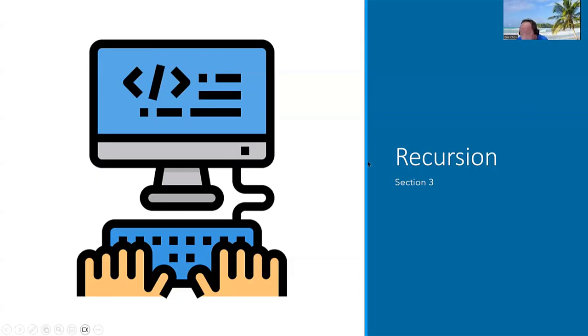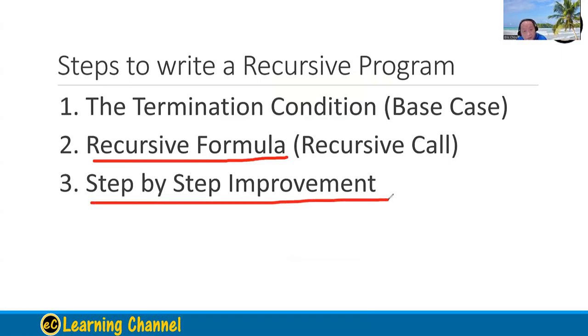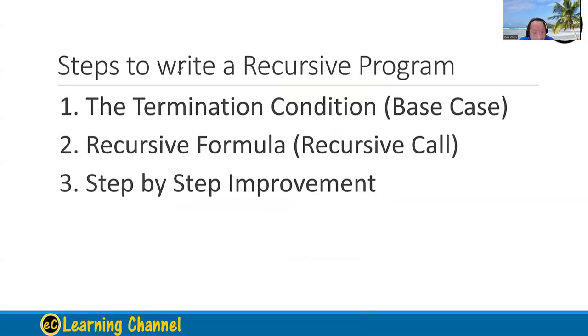Next, we are going to study recursion. For recursion, we have the termination condition, the recursive formula, and the step-by-step improvement. These are three things you need to remember. That's the basic idea to write a recursive program.